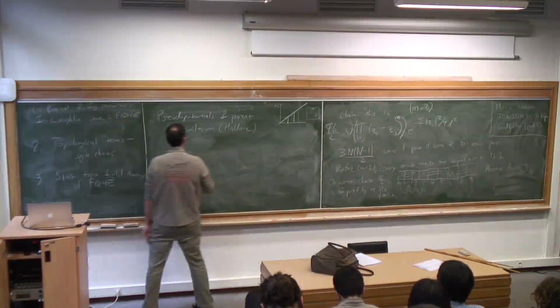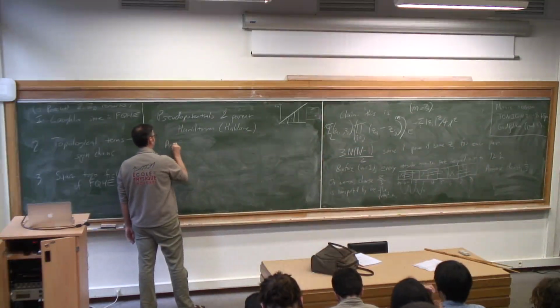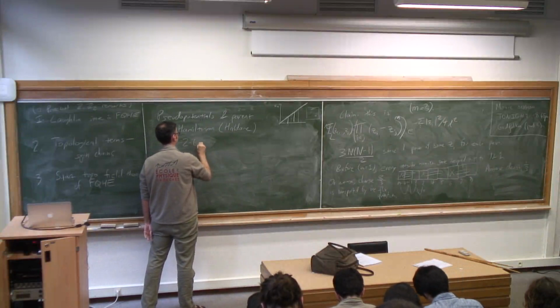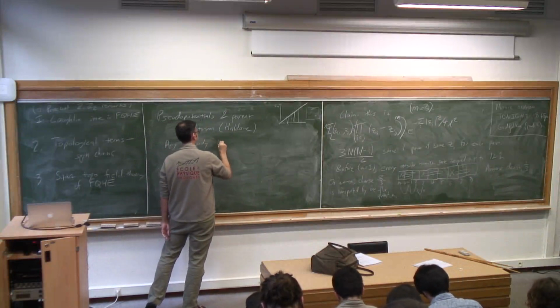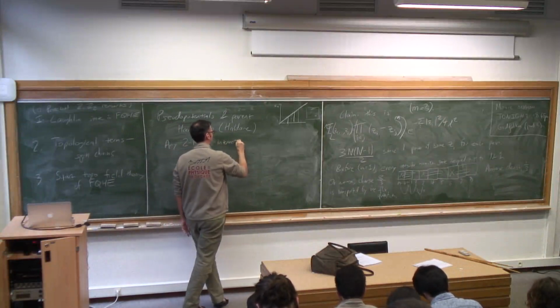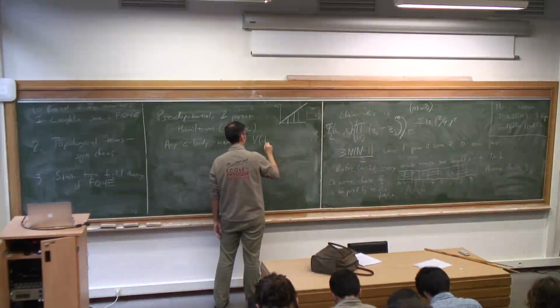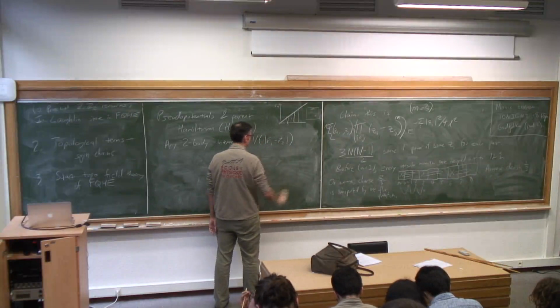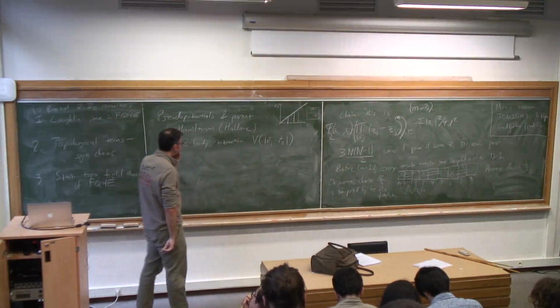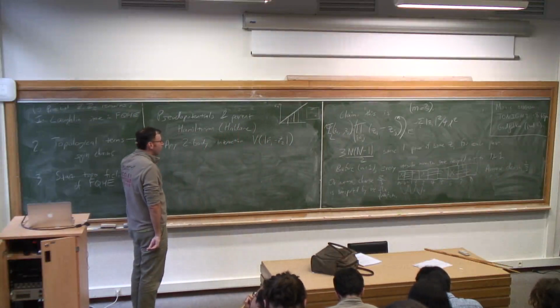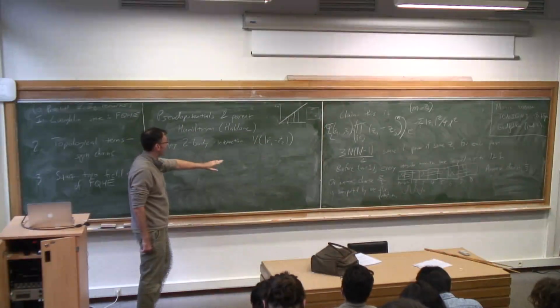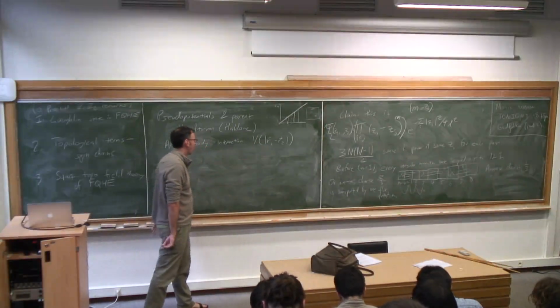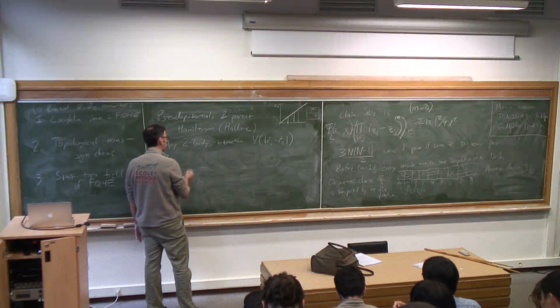The idea of pseudopotentials is that any two-body interaction, and let me assume that it's just depending on the magnitude of the distance between R1 and R2, is very simple within the lowest Landau level.